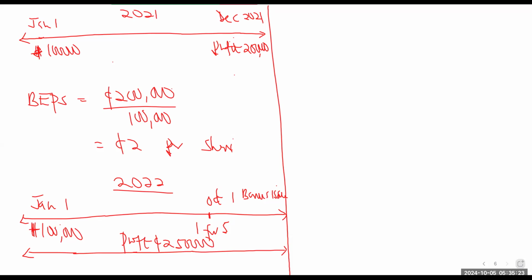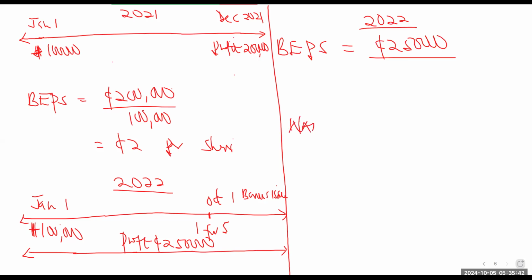Okay, let's come to 2022 here. Our basic earnings per share will be calculated as the 250,000 divided by the weighted average number of shares.